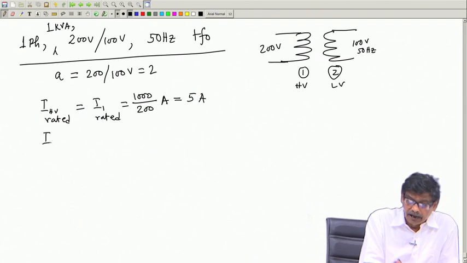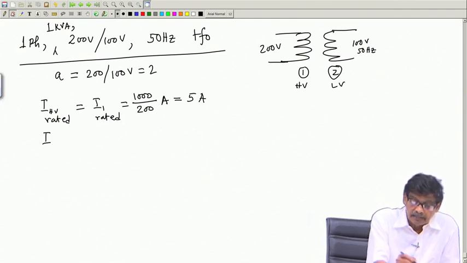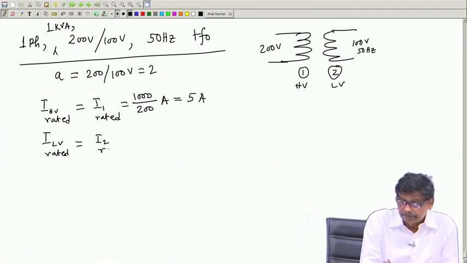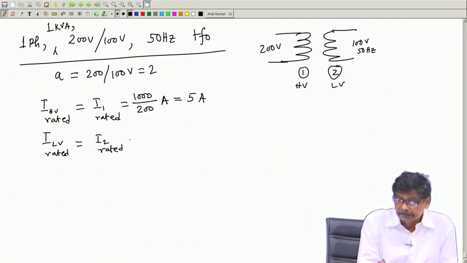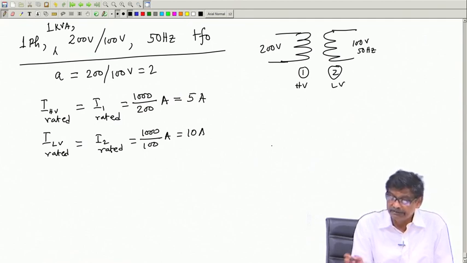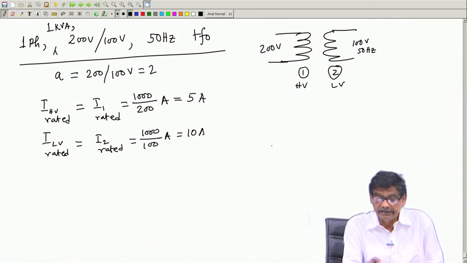And also I know the LV side rated current, is equal to I 2 rated, is equal to 1000 by 100. Of course, this I could in one stroke write straight away as 5 into 2. This is the rated current, mind you. These things I know.